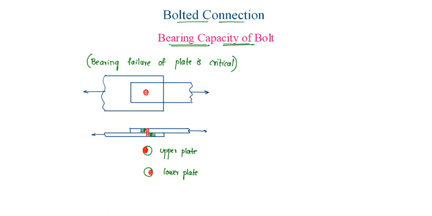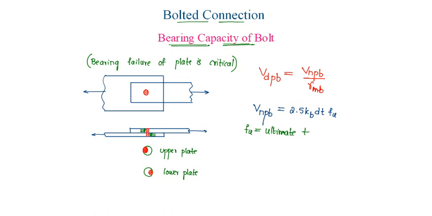Design bearing capacity of bolt, VDPB, is given as nominal bearing capacity of bolt divided by gamma MB, where nominal bearing capacity of bolt VNPB is given as 2.5 Kb d t Fu, where Fu is the ultimate tensile strength of plate.